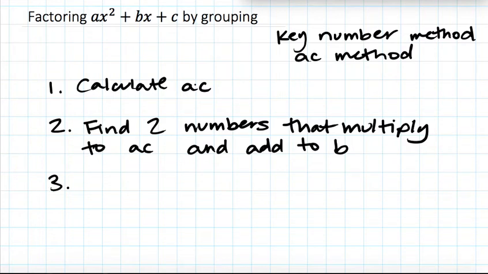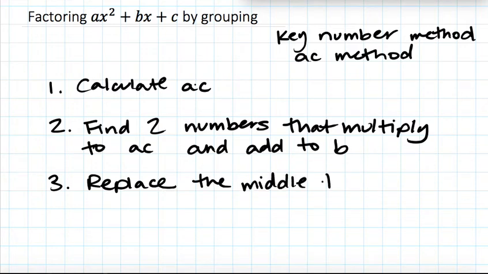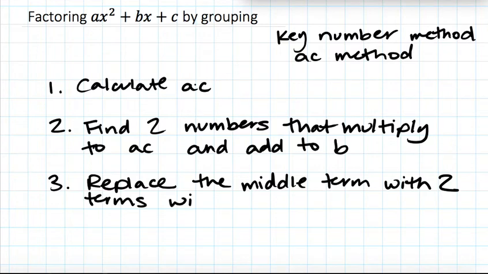So once I find those two numbers, what I'm going to do is replace the middle term with two terms with these coefficients.